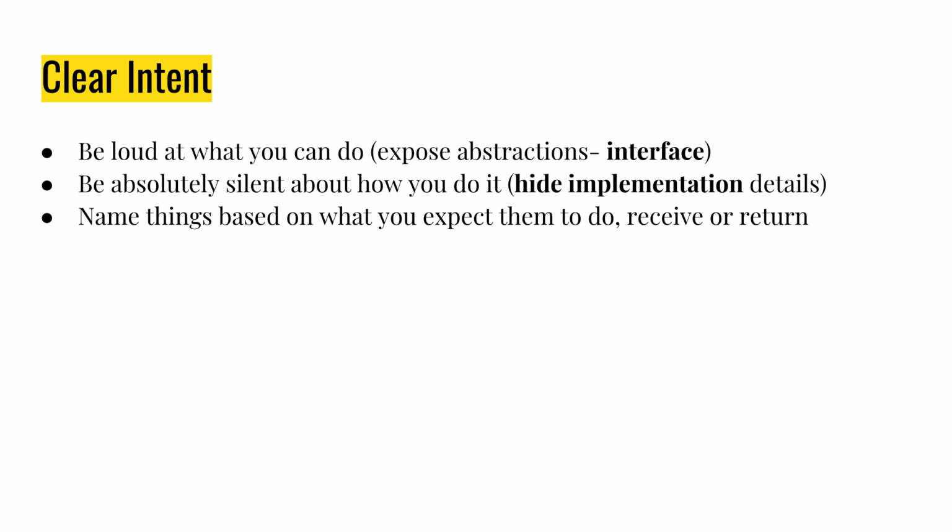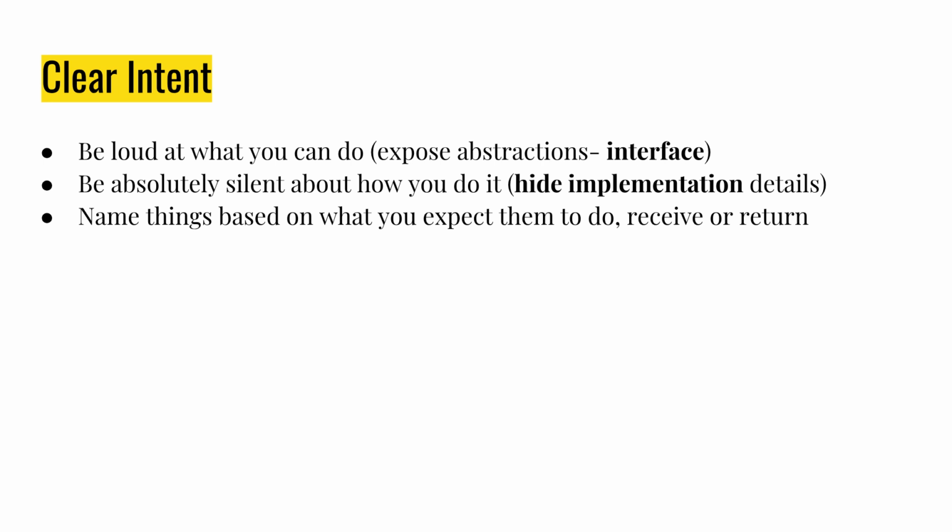And naming things right is the most important part of clear intent. For example, you have words which are synonyms for creating an object. You can create an object, you can build an object, you can save an object, you can make an object, but each of those words has its own intention.